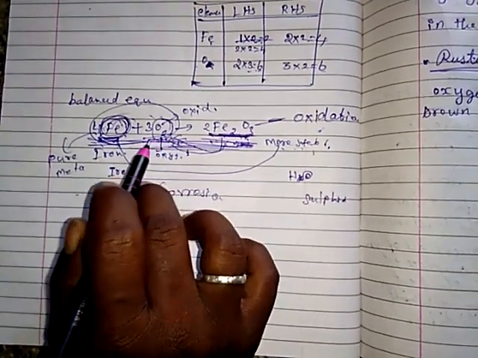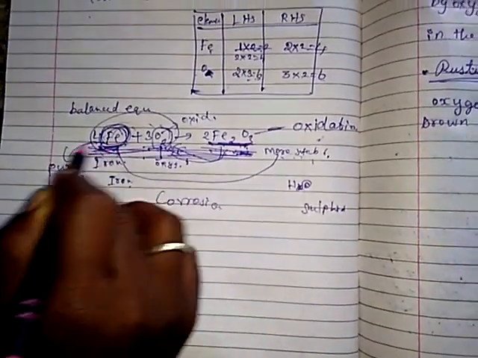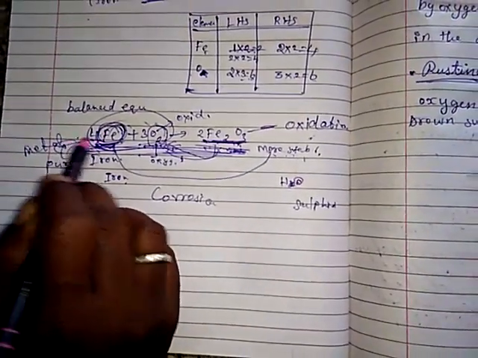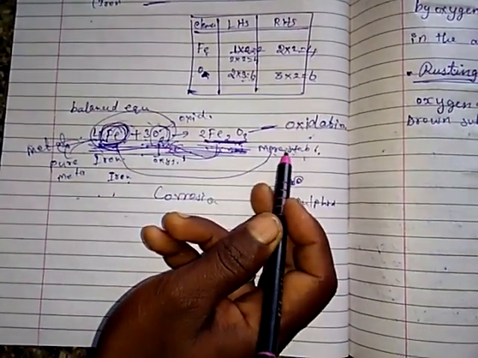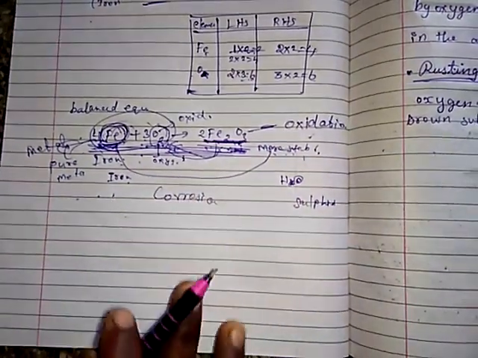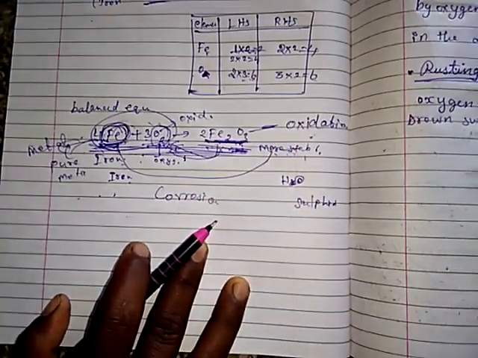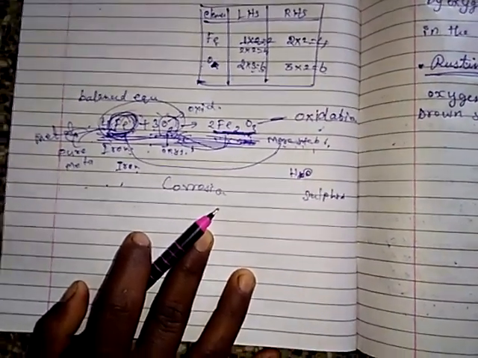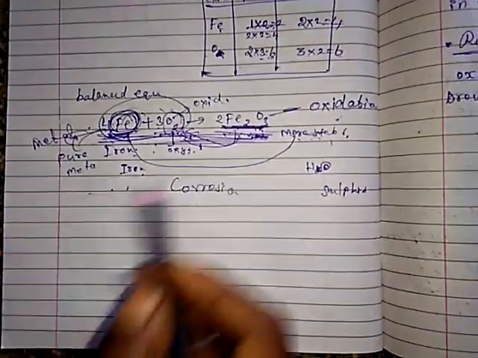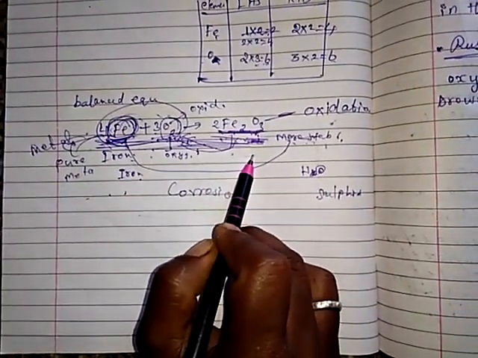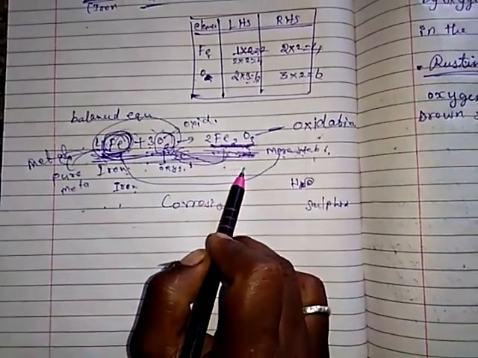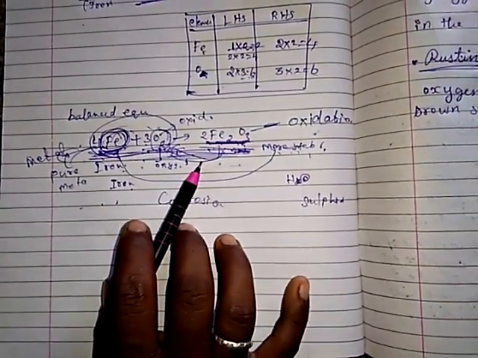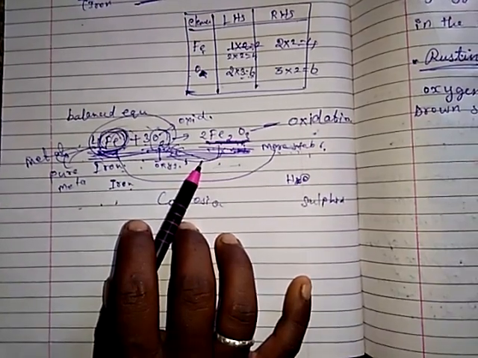That means the metal will not show its actual metallic property when it corrodes. After the corrosion reaction takes place, the metal is unable to show its actual metallic characteristics.